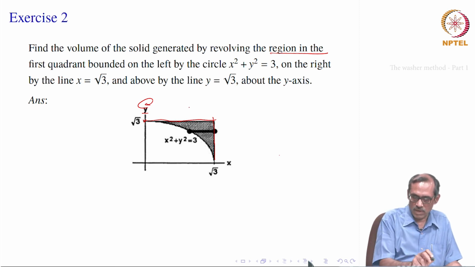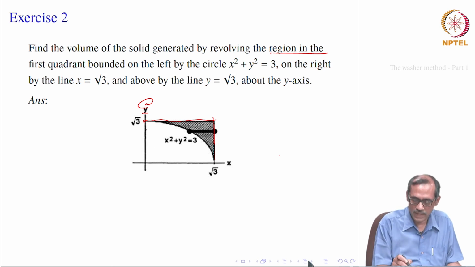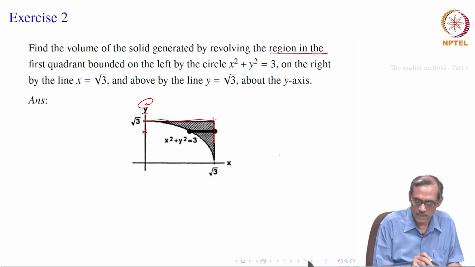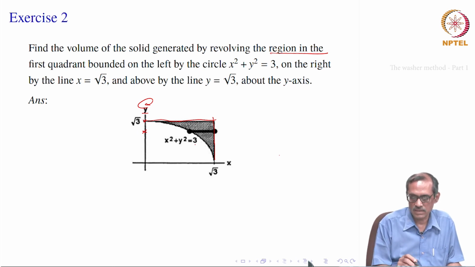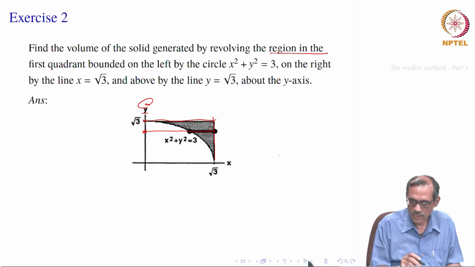So, since it is revolved about the y axis, you take any point on the y axis, say y, corresponding to it what is the outer radius, what is the inner radius, for obtaining this region when it is revolved around. It is the outer and inner radius of the washer. So, for the washer now, you have the outer radius as the whole thing, which is equal to, of course, at y.